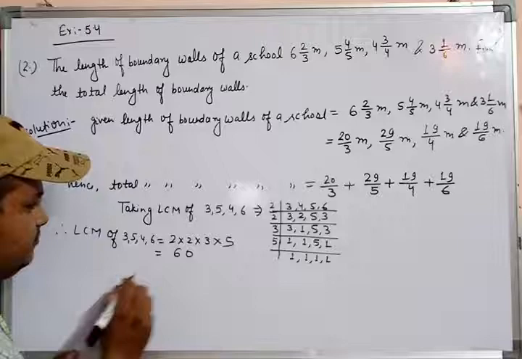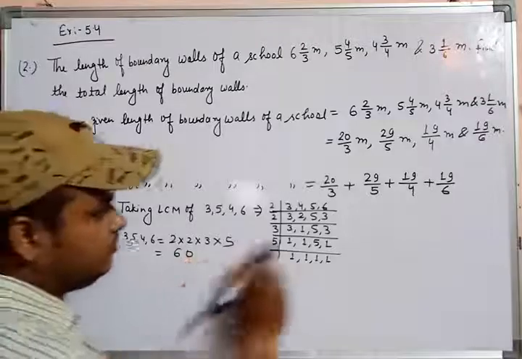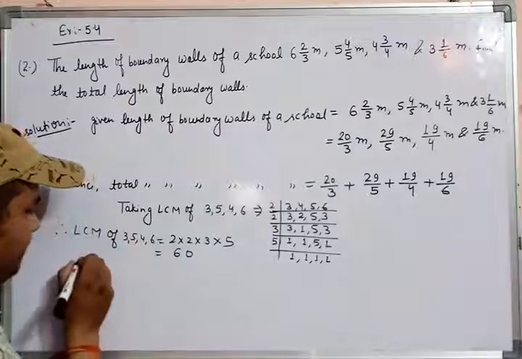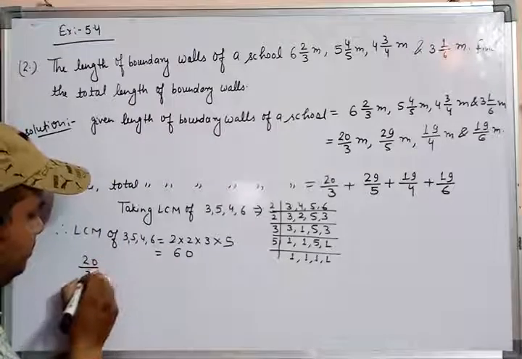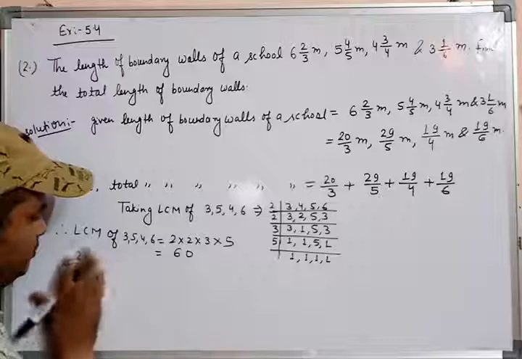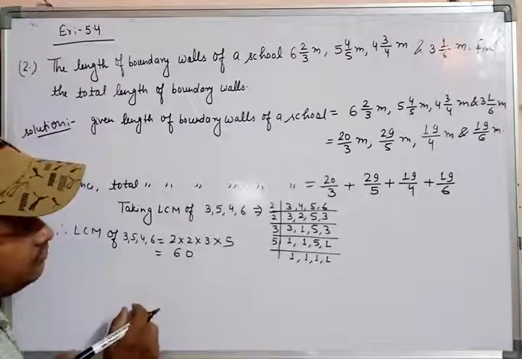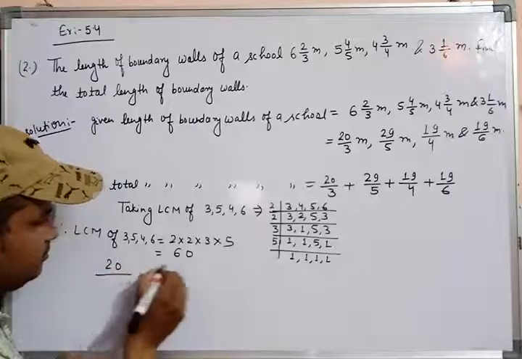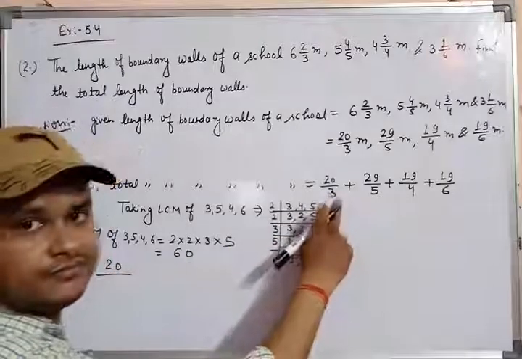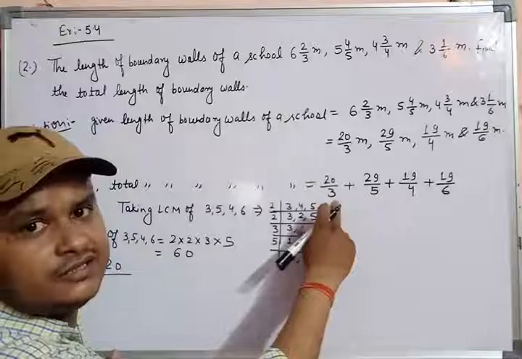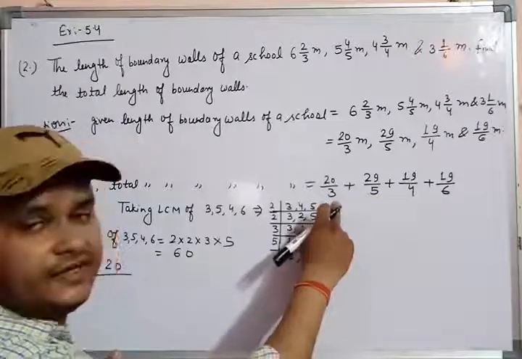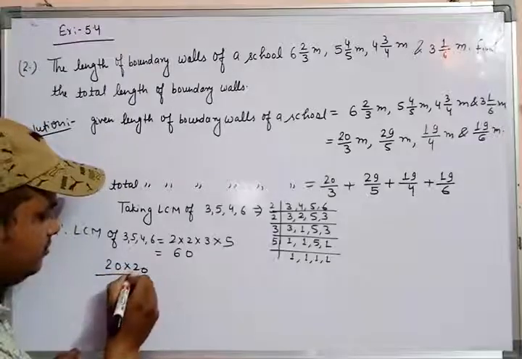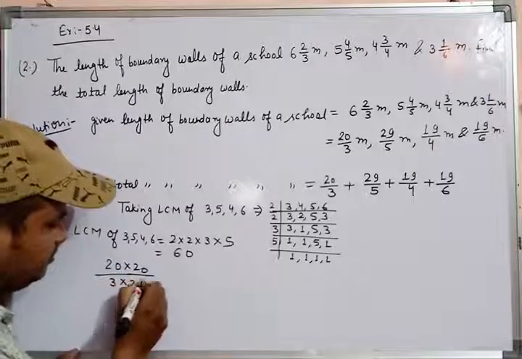Now using this LCM you have to make all these denominators 60. So we can write 20/3 is equal to... How can we make this 3 into 60? It is very easy, because 20 threes are 60. So multiply 20 in both numerator and denominator.